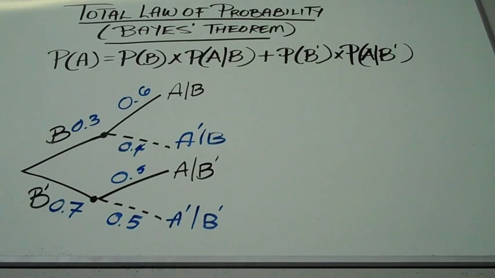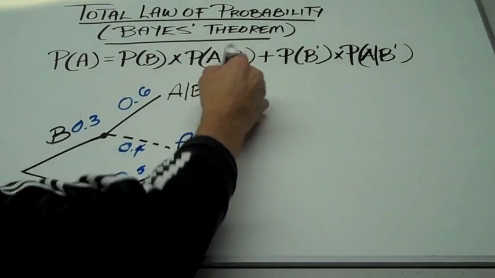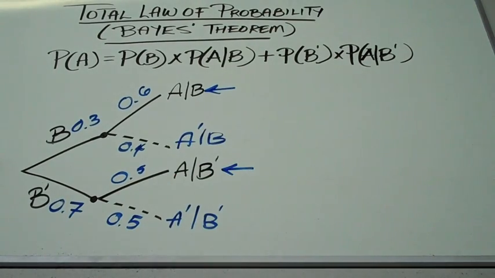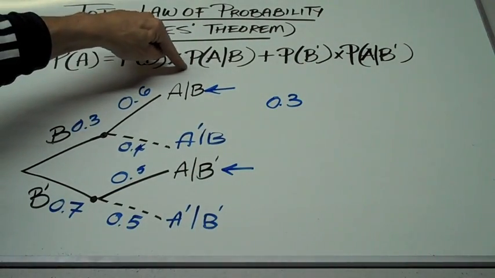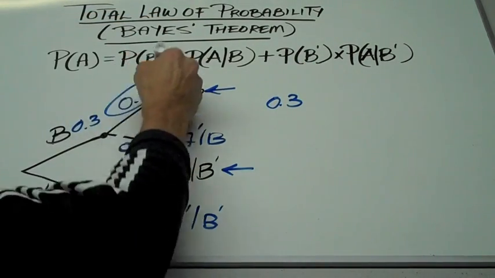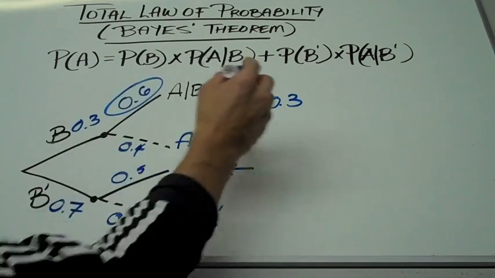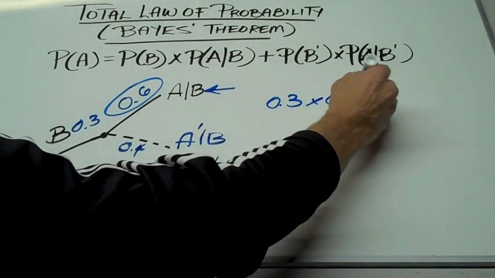Well, let's see what it's saying. What's the probability of A occurring? We have A occurring here and A occurring here. Well, I have to multiply the probability of B, 0.3, times the probability of A given B. Well, this here is the probability of A given B. It's just that branch, times 0.6.